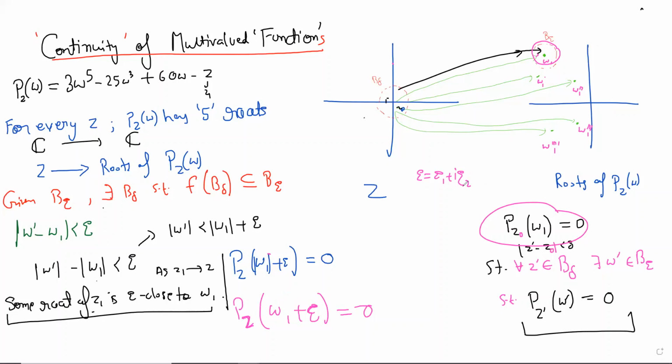I mean, it will not be the same epsilon, but some epsilon prime. That's how it is. When you approach W1 arbitrarily, it will look like this.